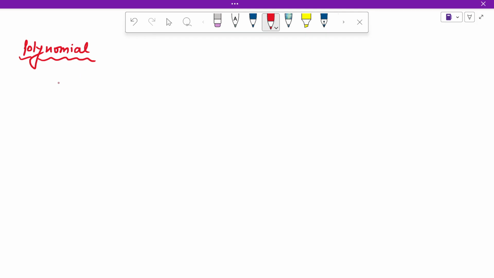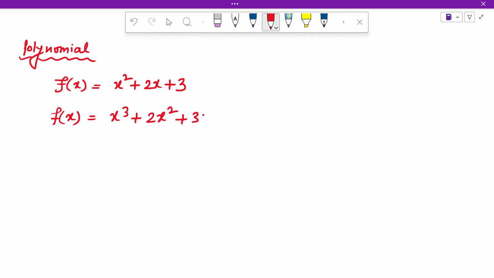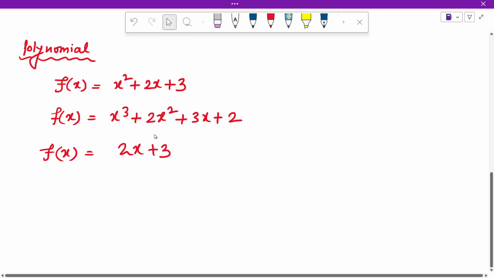For example, if I am writing a function f of x equals to x square plus 2x plus 3, or f of x equals to x cubed plus 2x square plus 3x plus 2, or f of x equals to 2x plus 3, right? So all of the above written expressions are polynomials only.